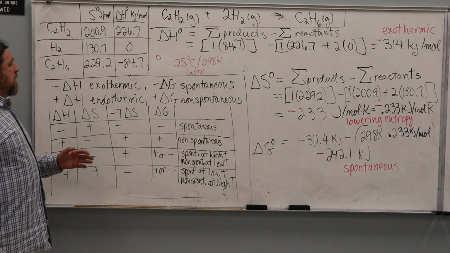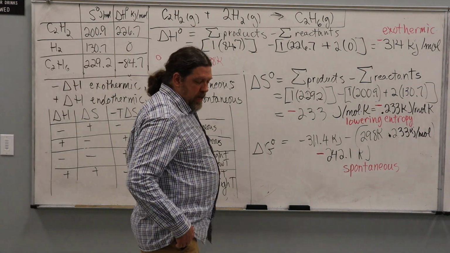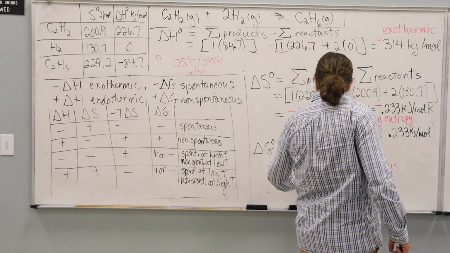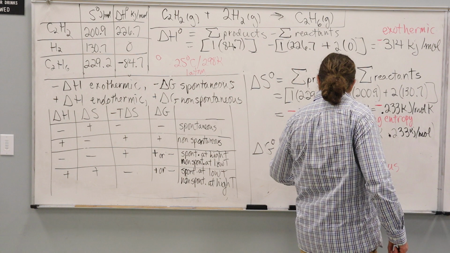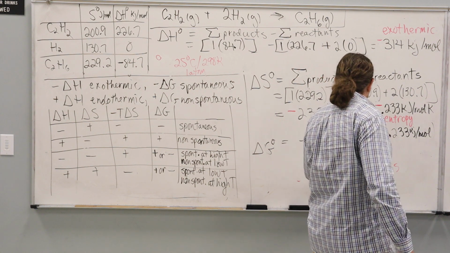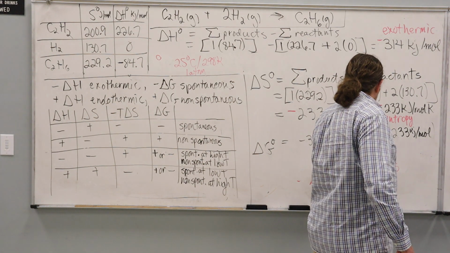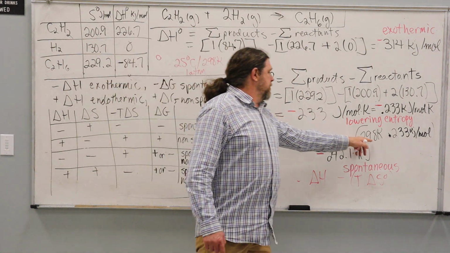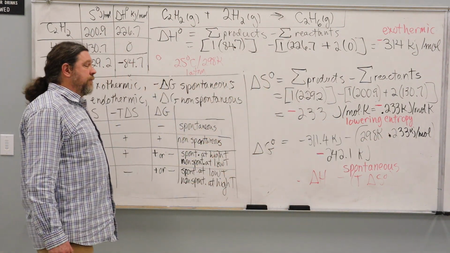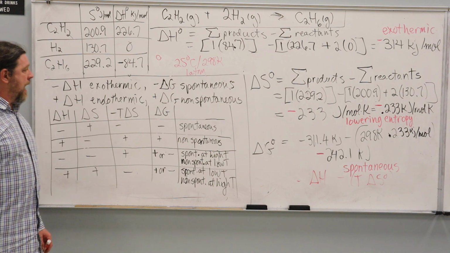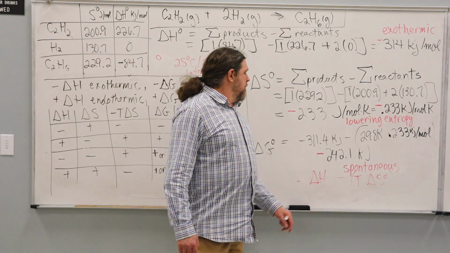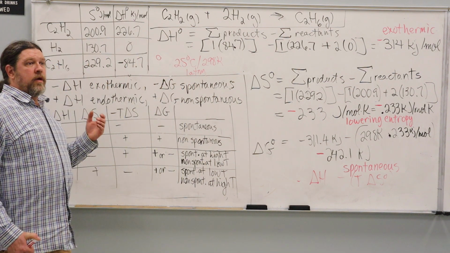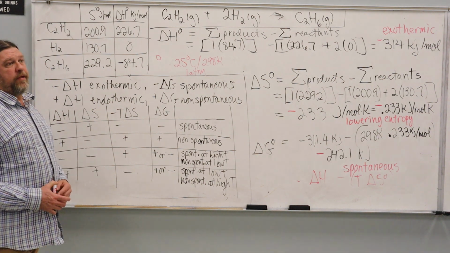But in this case, yes, if we take our reaction and apply the delta H minus the temperature times its entropy change, which is what we plugged in here, by converting the joules to kilojoules per mole, so everything's thought of in terms of kilojoules, yes, we have a spontaneous reaction of 242.1 kilojoules per mole of Gibbs available energy to do work in this reaction.